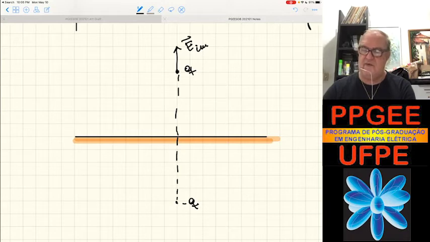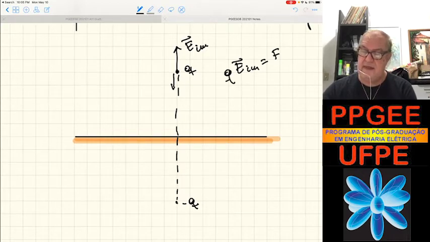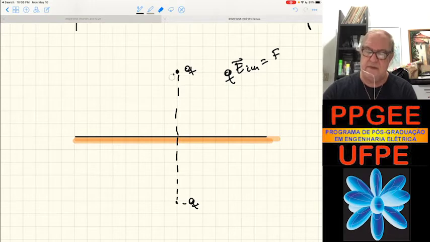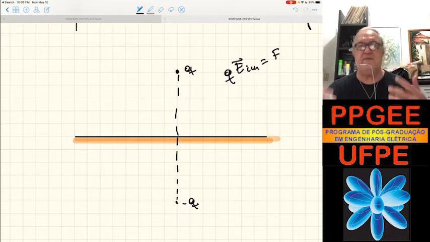So the force due to the image field equals Q times E, right? In fact, this field is not pointing up, it's pointing down. Let's assume Q is positive.